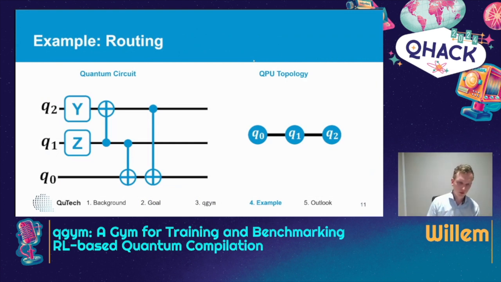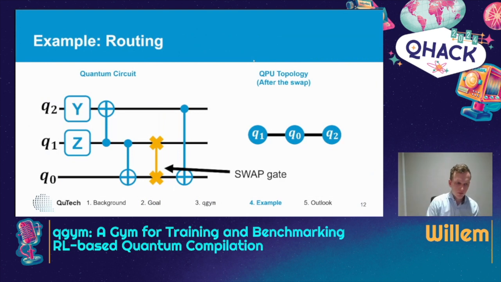And if you want to execute this circuit on the topology, you will not be able to do it straight away because there is no link between qubit 0 and qubit 2. So what you need to do is to place a swap somewhere. And you can do it in this case by placing a swap between qubit 0 and qubit 1.